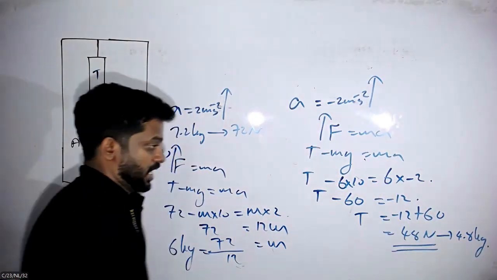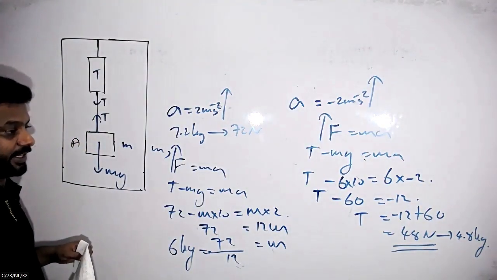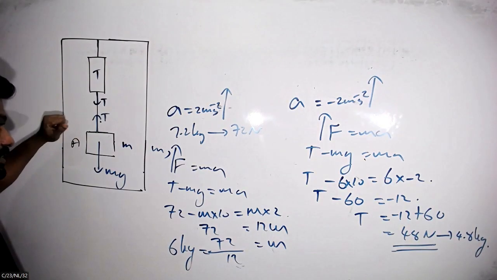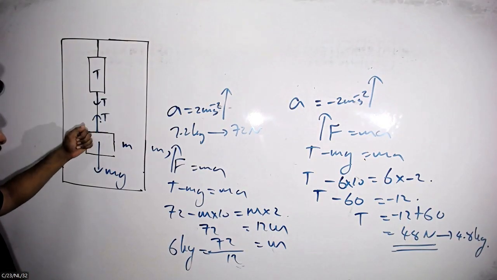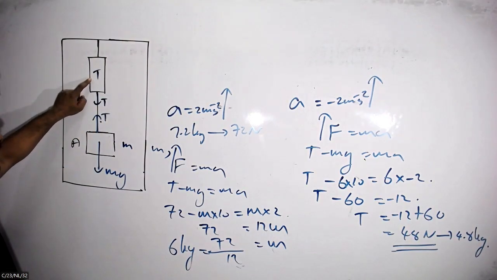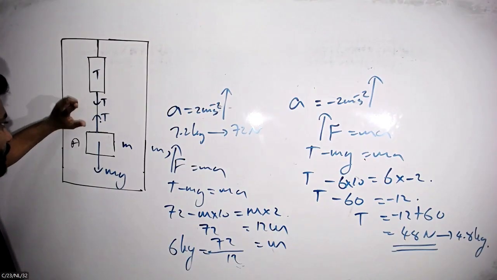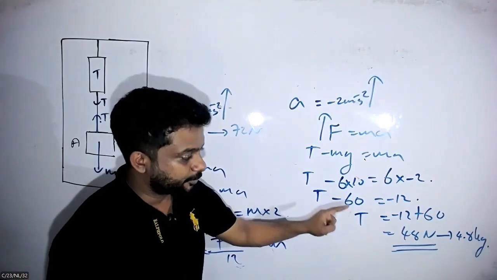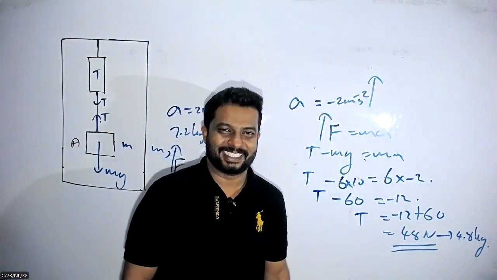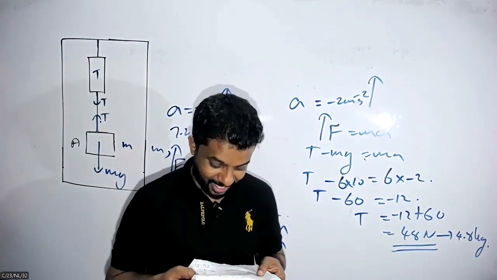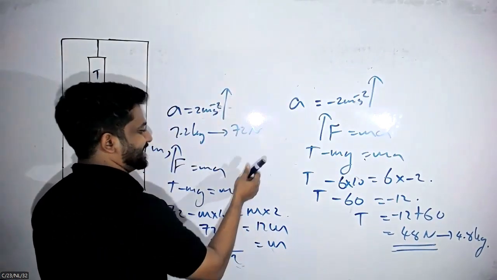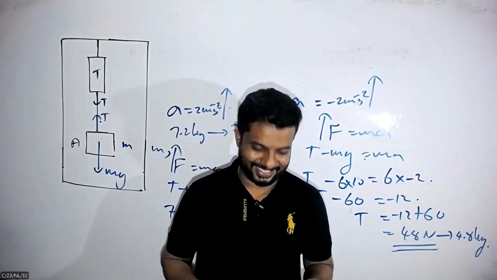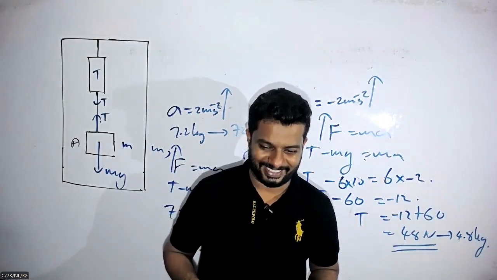When the lift accelerates with an acceleration of minus 2 meters per second squared, a deceleration of 2 meters per second squared, to the upward direction, the reading of this scale or the tension of this string is 48 Newton or 4.8 kilogram. Got it? Which one is the answer? First one. The first one is the answer. Easy, eh? Right, let's see the answer for the next one.